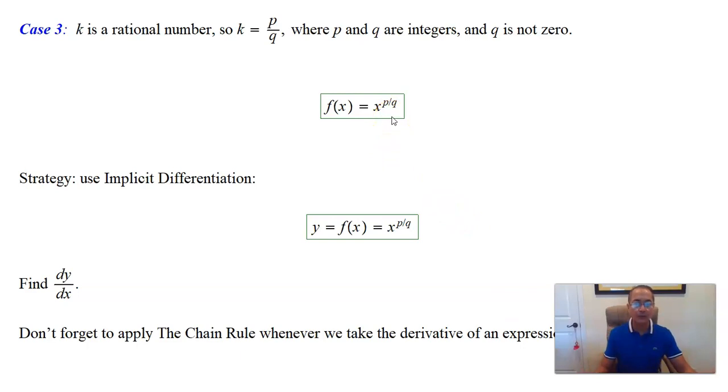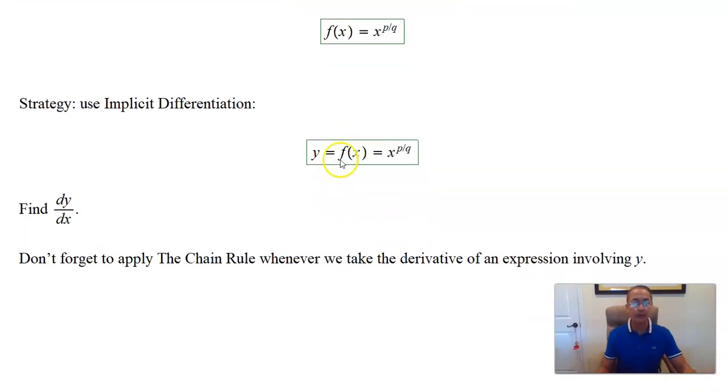We are going to use implicit differentiation. That means that we will write our function as a variable y. So y will be x to the power p over q. We will look for dy by dx. We can't do it directly because we don't have a formula for the derivative of x to the p over q. That's what we're looking for.